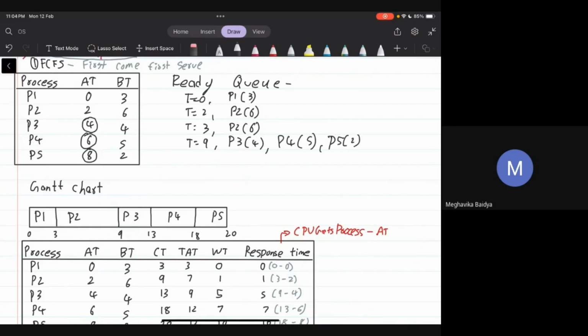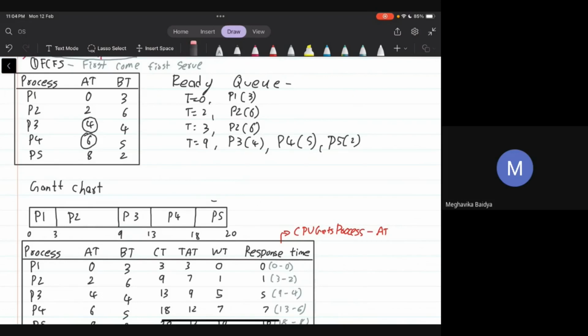Then you can just execute these. Because it's first come first serve, what comes first, you'll do that. Since they are coming at 0, 2, 4, 6, 8, you'll know that P1, P2, P3, P4, P5 is the order. Any doubts?